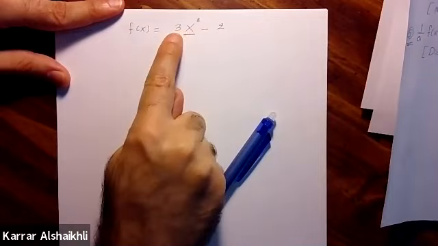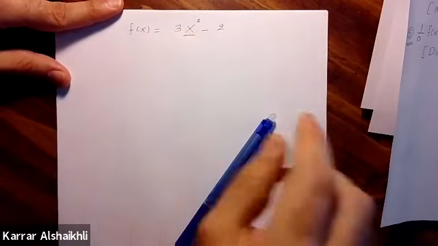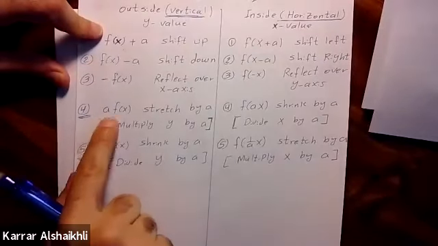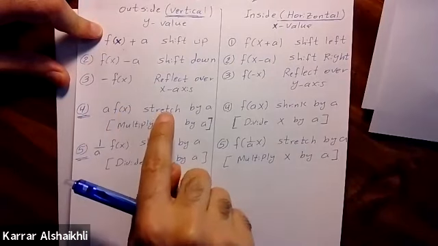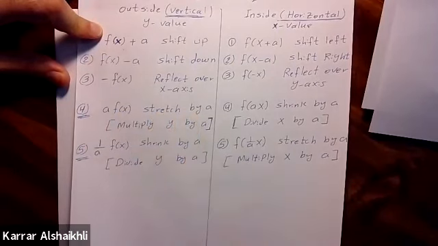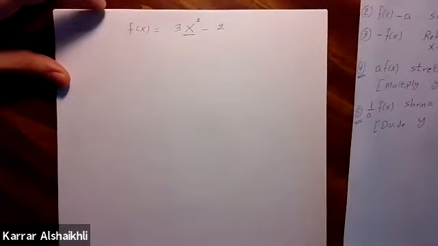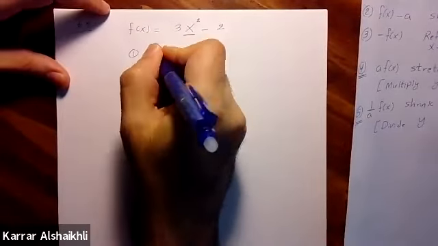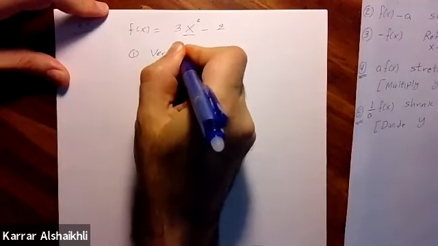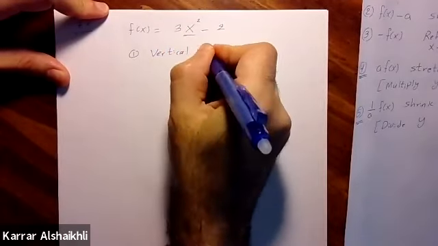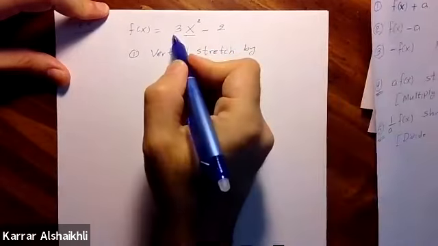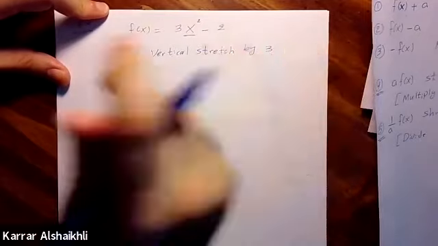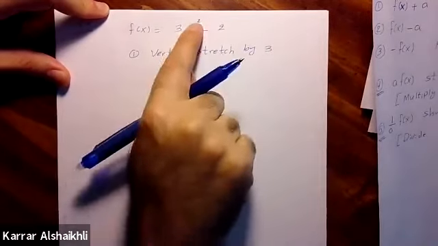The number is outside the parent function, exactly like this technique: a number outside the parent function, so it's vertical stretch by A. So the first technique I'm going to write down is vertical stretch by A, which is the number here, by 3. So I'm done with this technique.